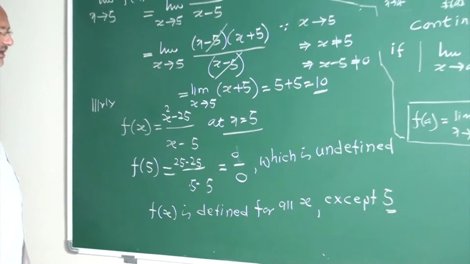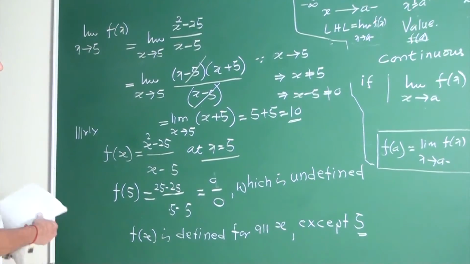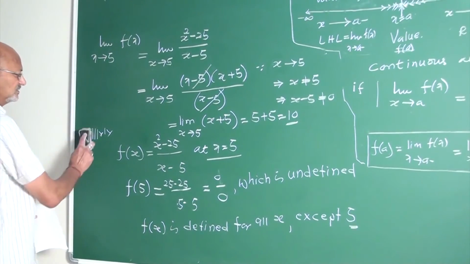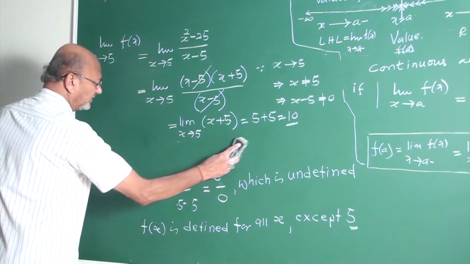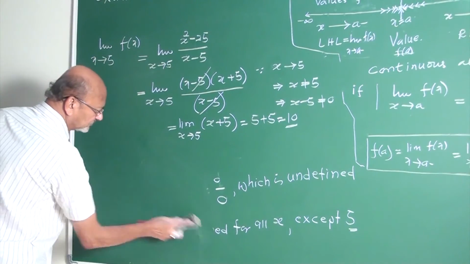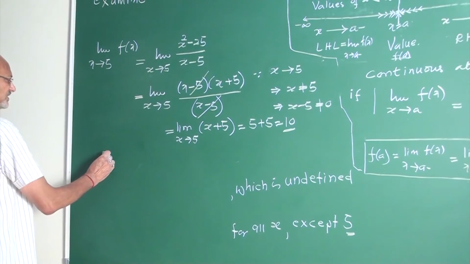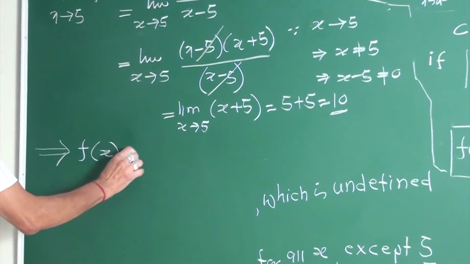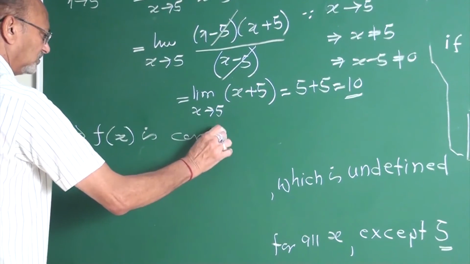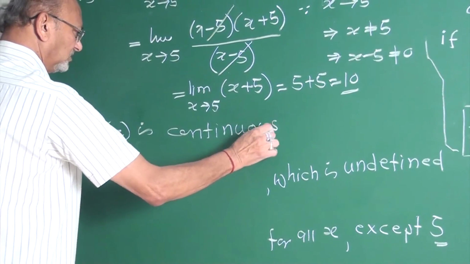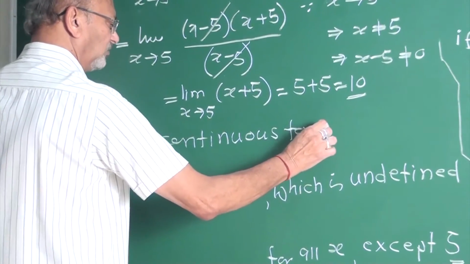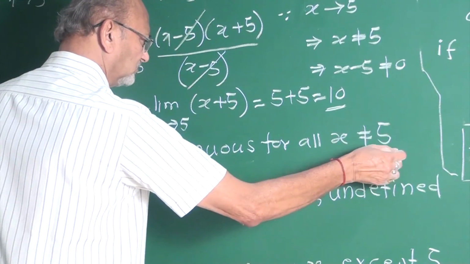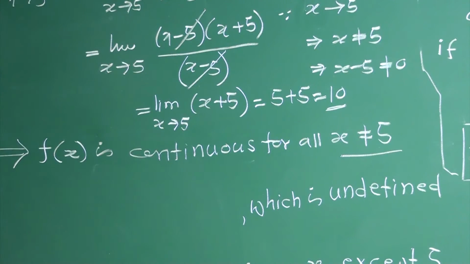Yes, my friends, so from this it is clear. f(x) is continuous for all x except 5.